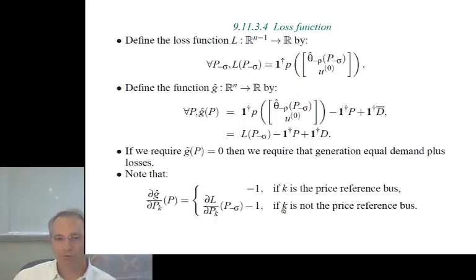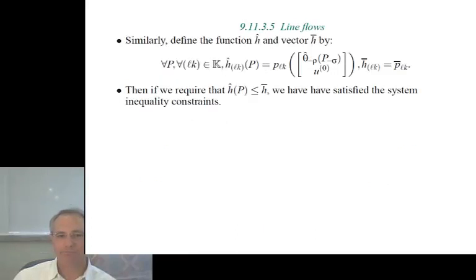If K is not the price reference bus, then I get the term here due to PK, but I also get the term that is due to dL by dPK, which we could, in principle, evaluate through the chain rule in terms of P and then in terms of theta hat.